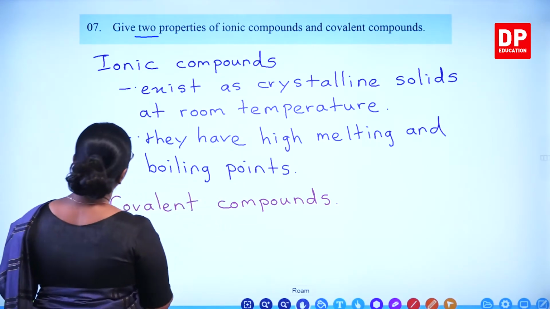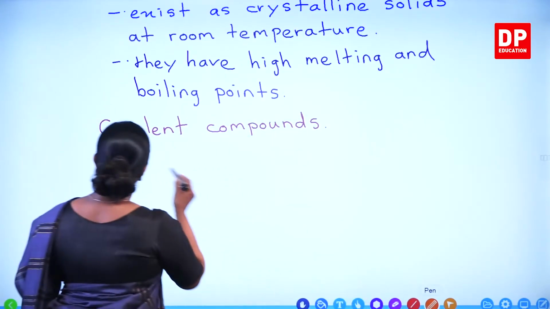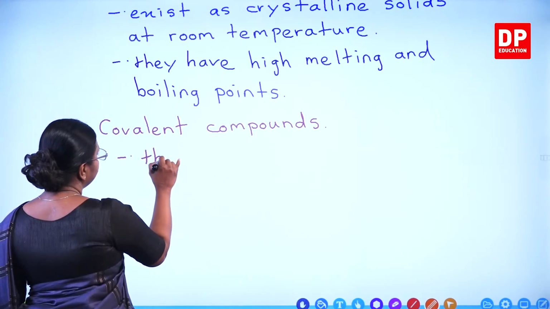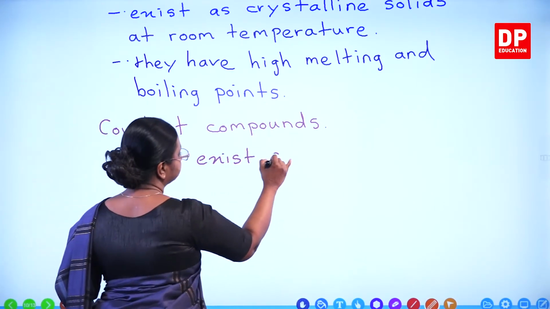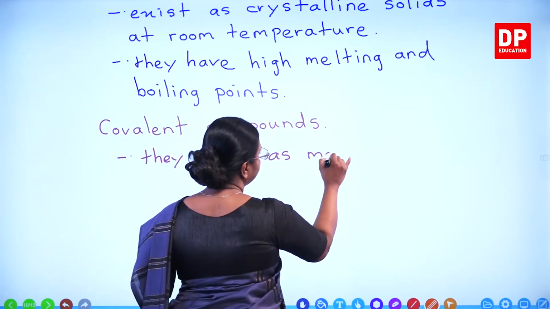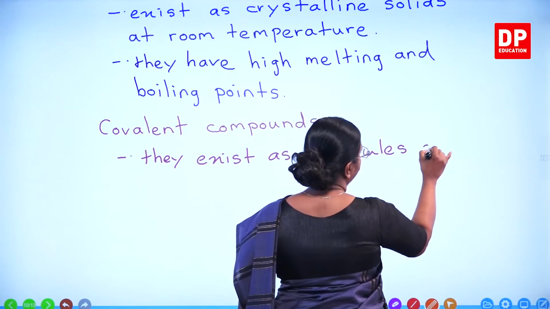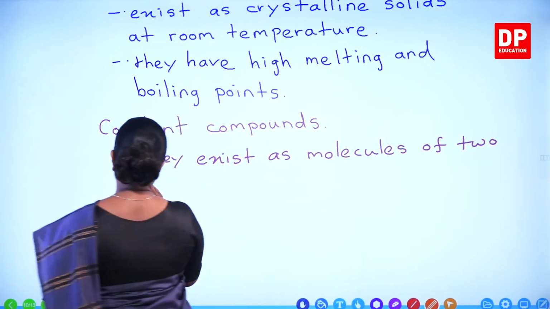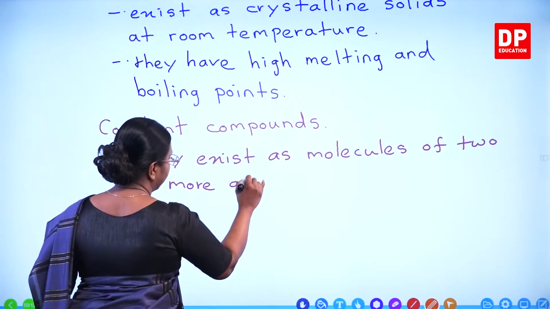So here, when we write the properties of covalent compounds, we can say they exist as molecules of two or more atoms.